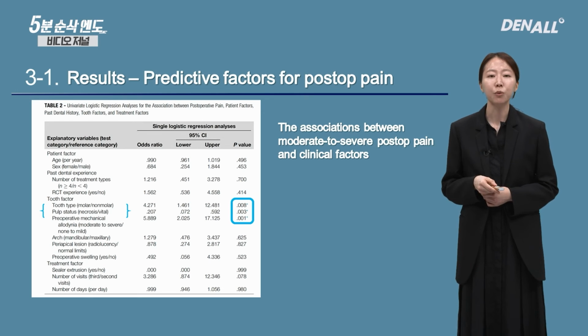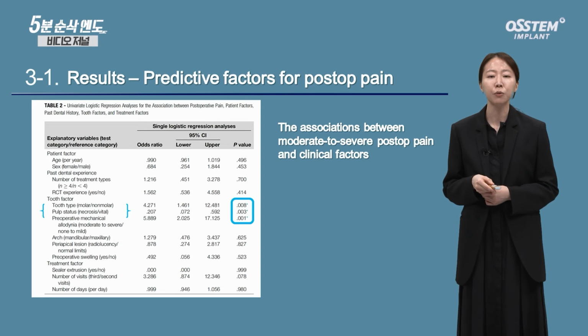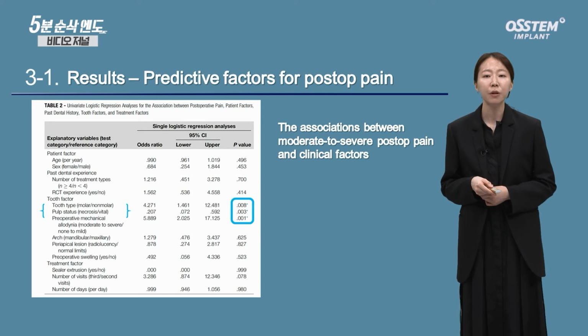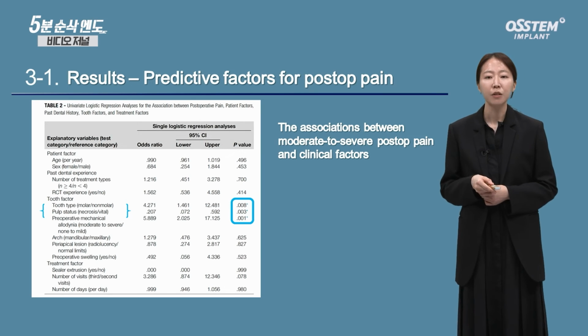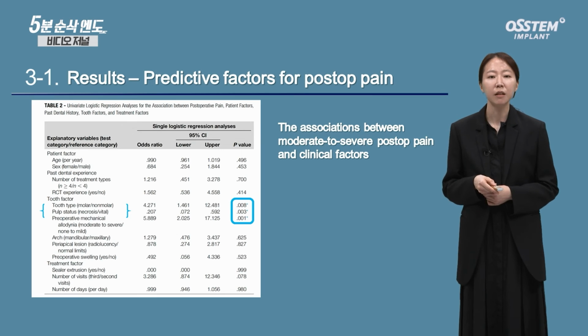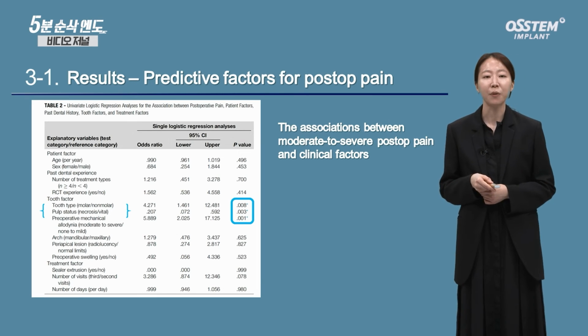Next, a single logistic regression analysis was done to identify various pre-op elements in order to anticipate post-op periapical pain of moderate or above. The variables on the left show age, gender, previous dental treatment, whether the patient received a root canal treatment before, tooth form and pulp condition, pre-op mechanical allodynia, whether it was moderate or above, periapical lesion, and whether there was a scalar extrusion.